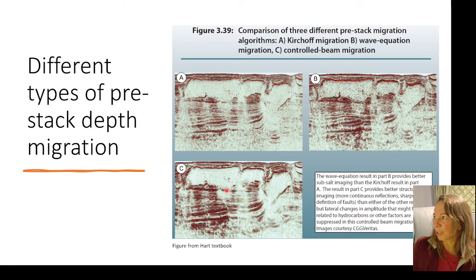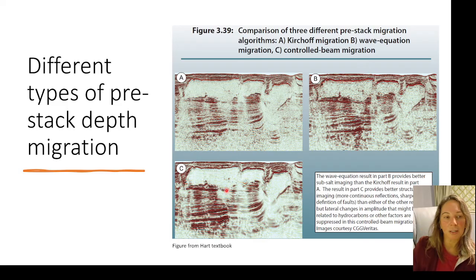And then here's one more example showing different types of depth migration. This is something I'm not going to talk about very much, but there are folks out there who spend a lot of time improving the way we migrate our data, so improving how we track where in the subsurface that energy has traveled.